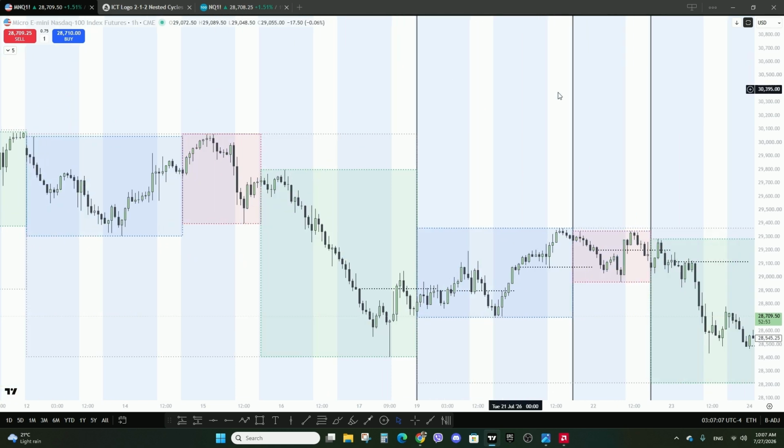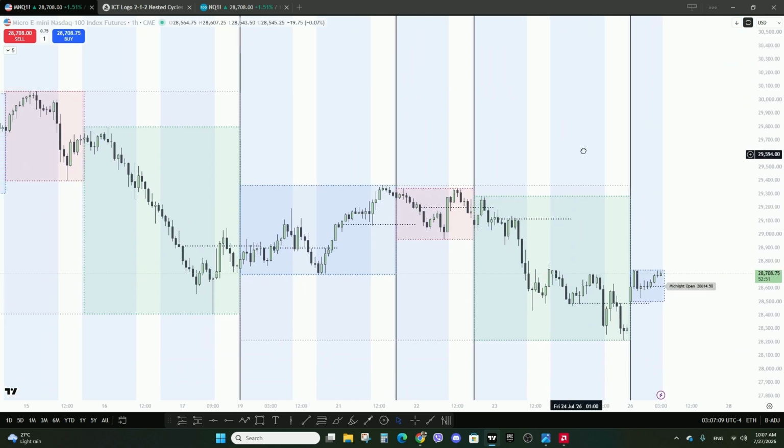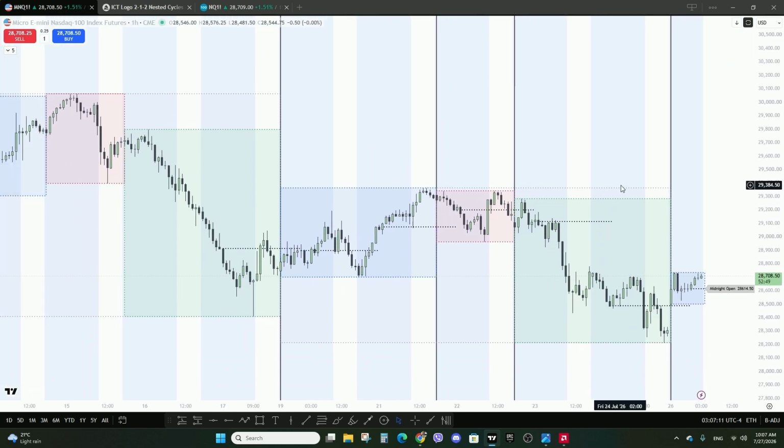So you might say, oh wow, this looks so good. It's so simple. Actually, it is simple. It's not complicated, but you have to know how to use these cycles, and you have to know how to anticipate and where to anticipate setups to form. And this helps you visually see it when the setup forms.